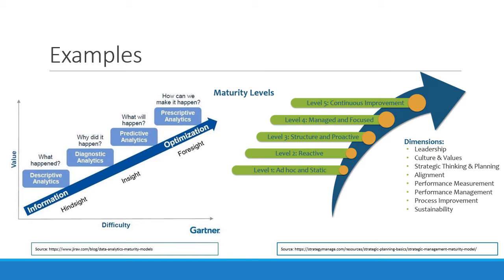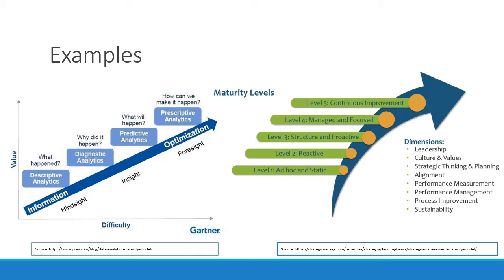Financial analytics progresses from descriptive analytics at the bottom of the scale to prescriptive analytics at the top. At the first level, the analytics can only tell the organization what happened. At the 4th level, the analytics can empower the organization to make it happen.